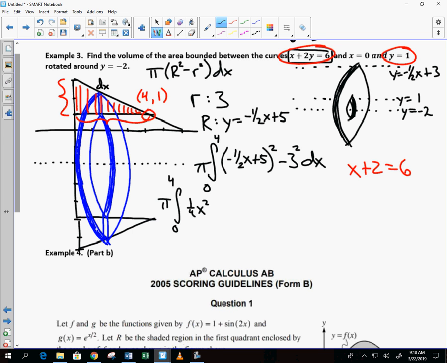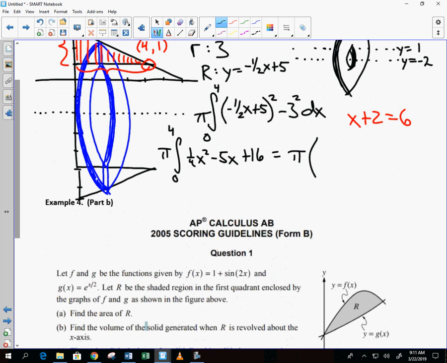We're going to have a negative 5/2 x and another negative 5/2 x, which is going to make a negative 5x. Plus the 25, and then I can subtract off the 9, can't I? So I get plus 16. Antiderivative of 1/4 x squared.